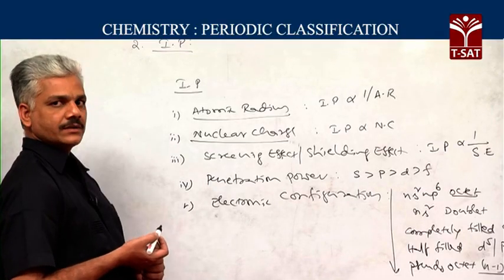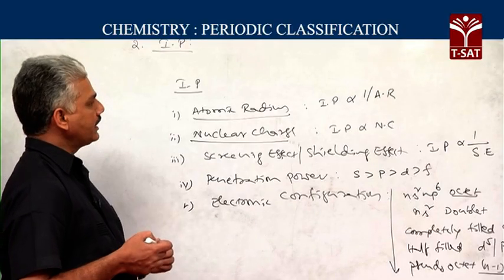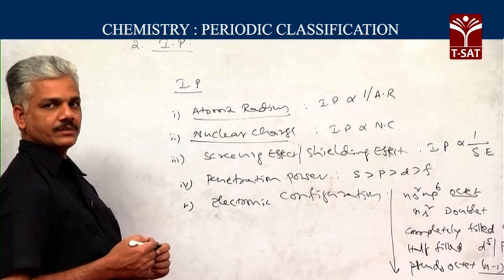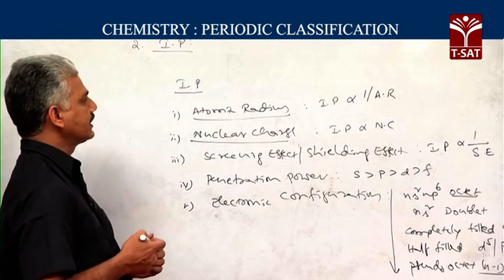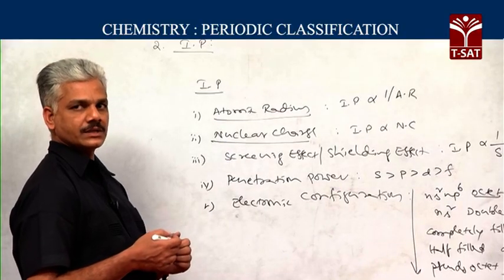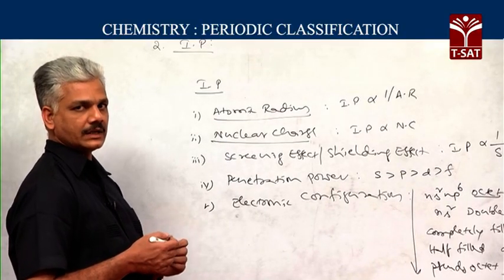Coming to the variation of ionization potential in a period and group. In a period, from left to right, ionization potential value increases, and down the group, as atomic radius increases, ionization potential value also decreases.